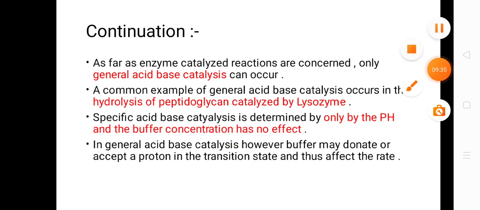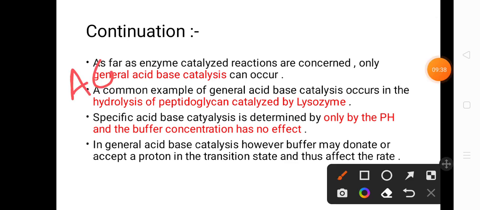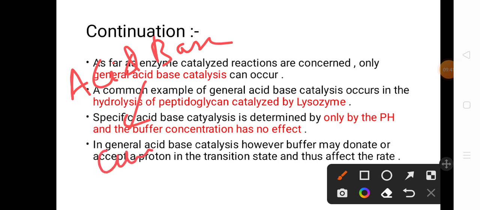So in acid base catalysis we have to talk about two things. One is general acid base catalysis, another one is specific acid base catalysis. In general acid base catalysis, remember, except hydronium and hydroxide ion, all other things may act as an acid and base, but in specific acid base catalysis, only hydronium and hydroxide ion act as an acid and base.